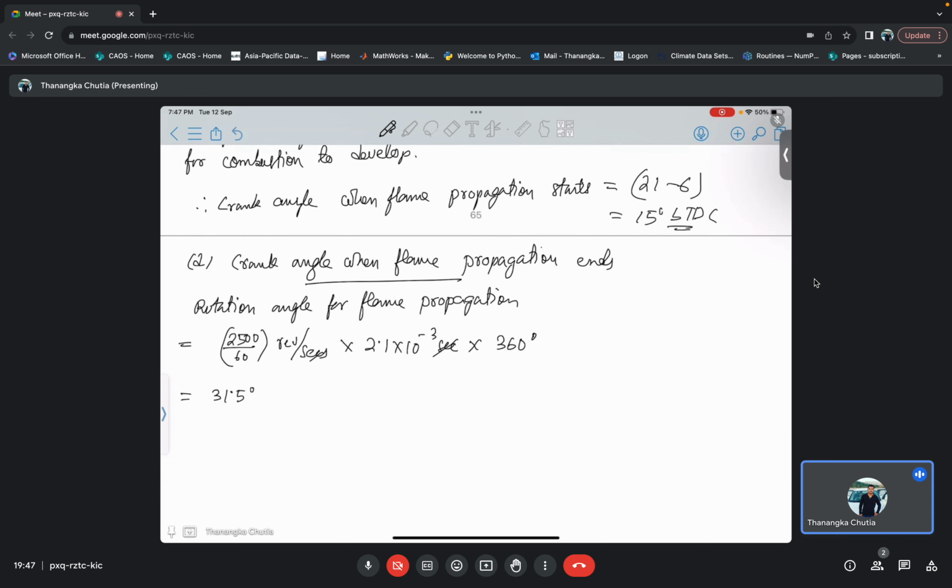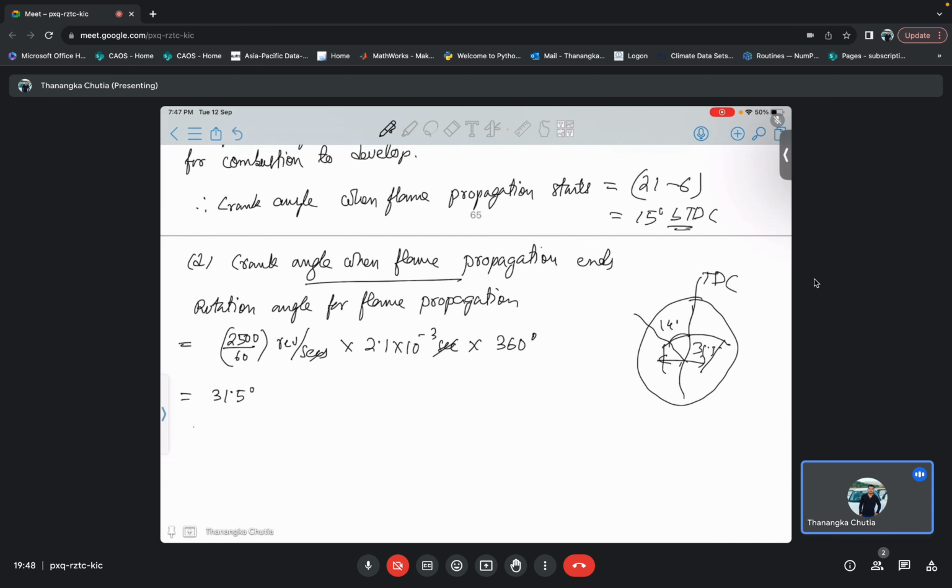Okay, so now that means what? 14 degree before TDC and after that, so that means if this is the diagram, so if this is TDC, so this is 14 degree before TDC. Okay, and it will have to go a total of 31.5 degree. So with respect to TDC, this remaining one it will get.